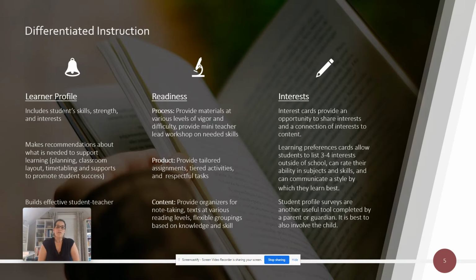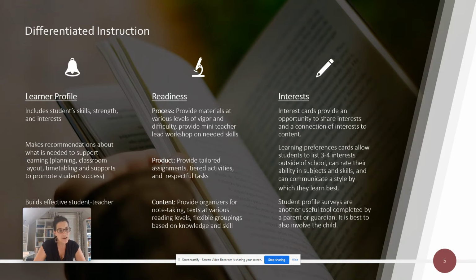So you can differentiate instruction based on learner profile, based on a student's readiness, and then based on interests. Learner profile would include a student's strengths, skills, interests, and then you can make recommendations about what is needed to support learning.